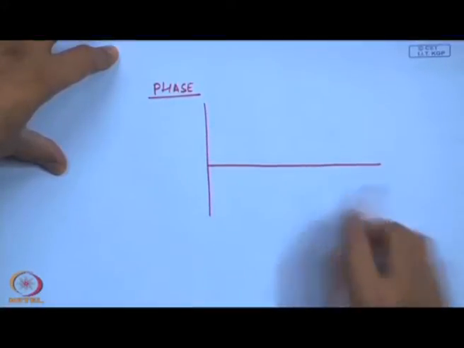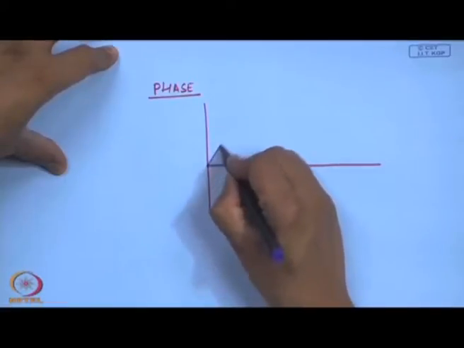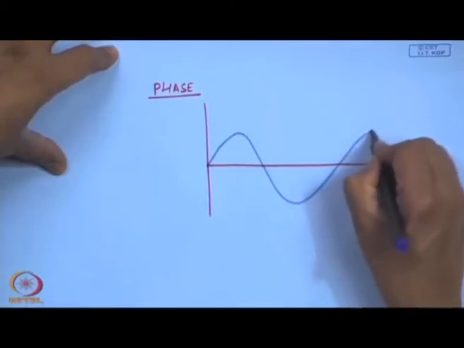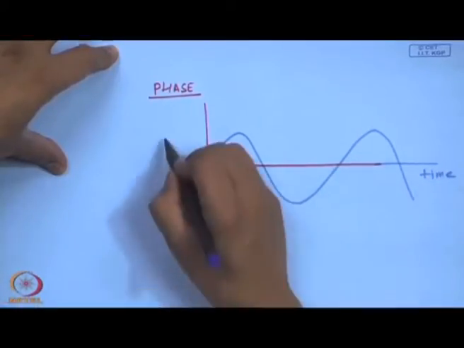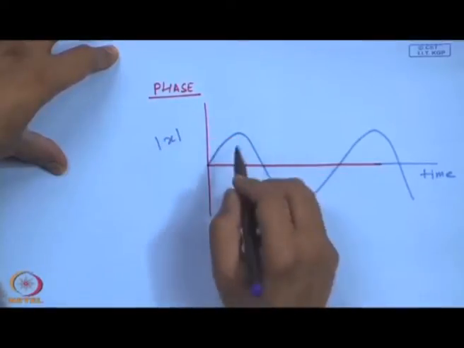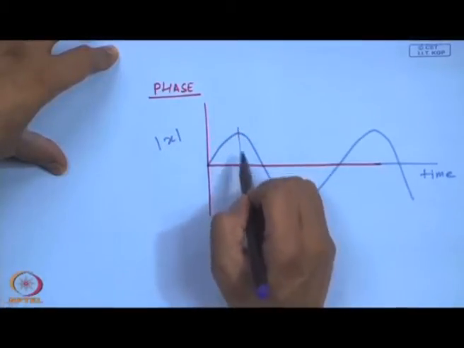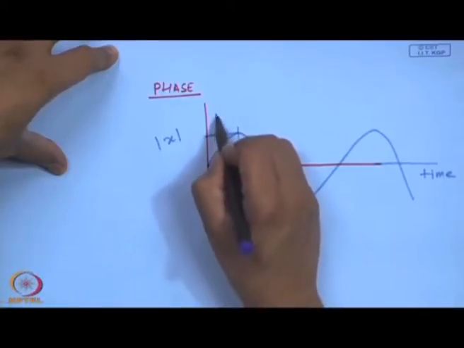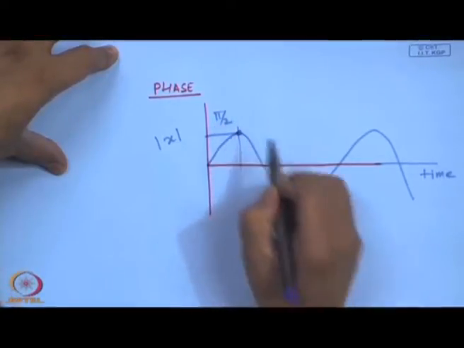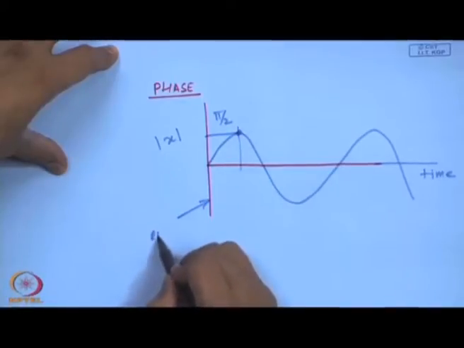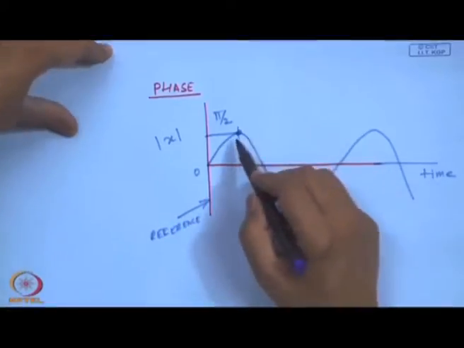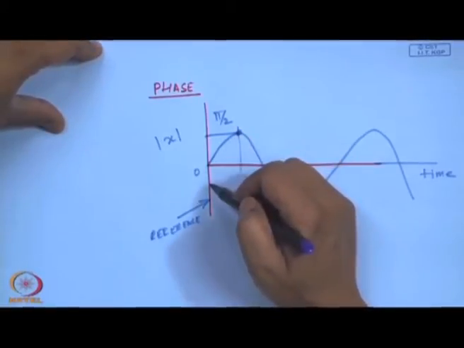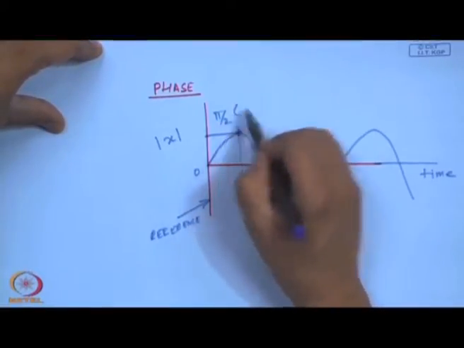If I was to define phase, if this is my signal x, and if this is pi by 2, okay, this is my reference. The first occurrence of a maximum amplitude from the reference plane is the phase.